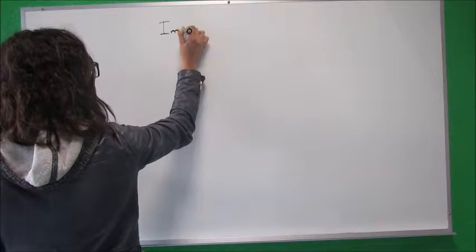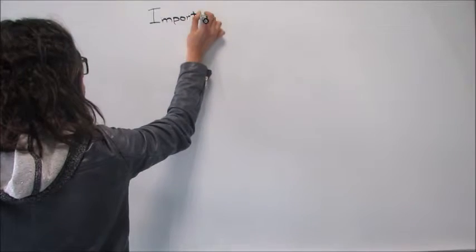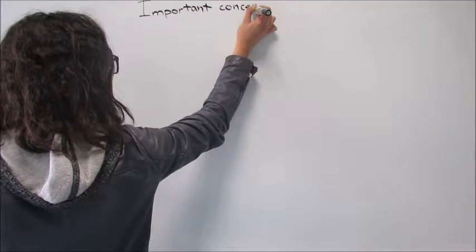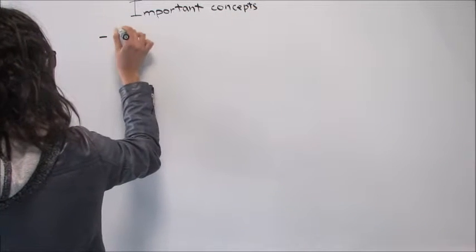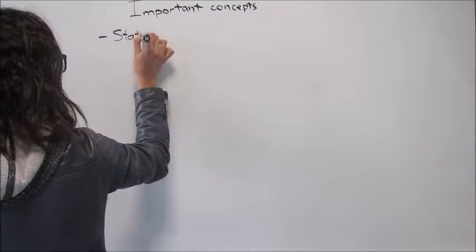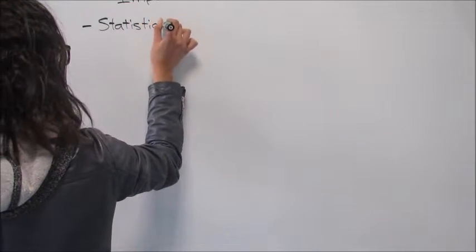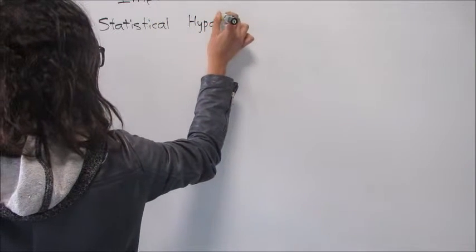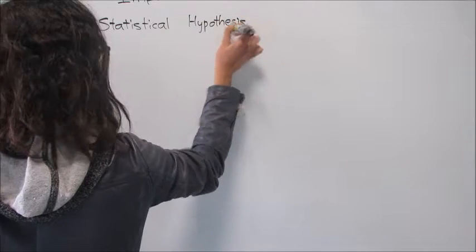First, it is important to understand a couple of terms or concepts so we can be in tune. So let's talk about parameters and a statistic for hypothesis testing. A statistical hypothesis is a statement about the values of a population parameter, and it can be proved using the information contained in a sample.